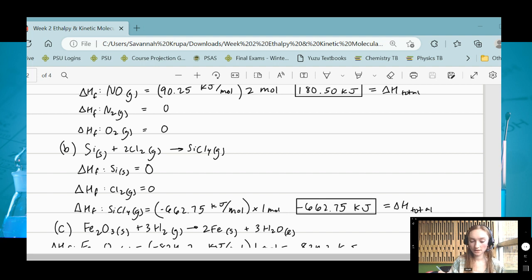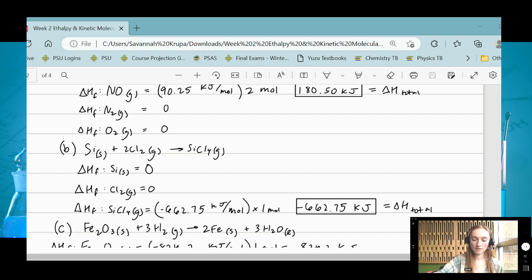But the silicon and chlorine compound here is not going to be 0 because it's not in standard state. So we have from the textbook negative 662.75 kilojoules per 1 mole of reaction of the formation of this.